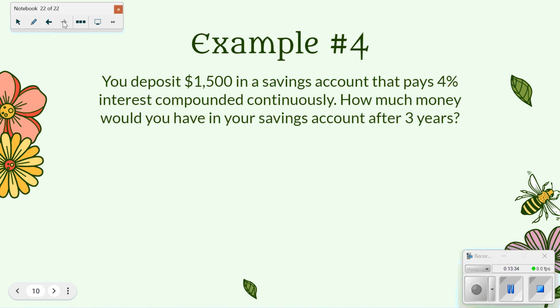Alright, one more example. Example 4, you deposit $1,500 into a savings account that pays 4% interest compounded continuously. How much money would you have in your savings account after 3 years? So key phrase here, compounded continuously, which means we're going to have A equals P-E-R-T. Sometimes you might hear it referred to as PERT. Let's see what each of our values are.